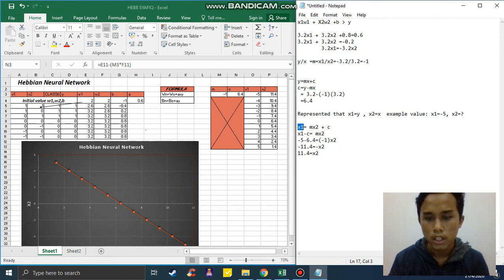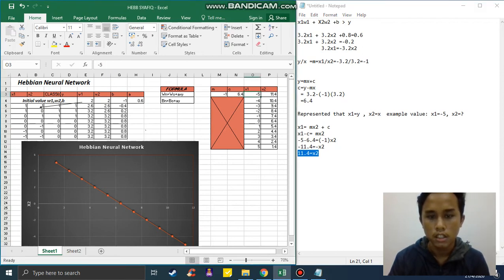So x1 is -5 minus c, 6.4 here, equal to -1, which is our gradient, times x2, because we want to find the value of x2. After we calculate, we get x2 equal to 11.4.